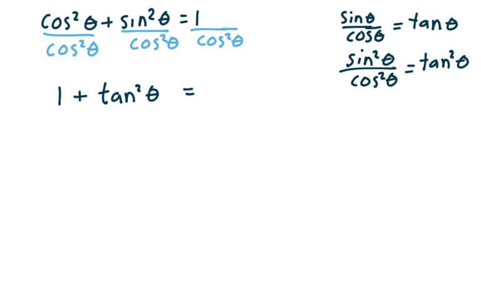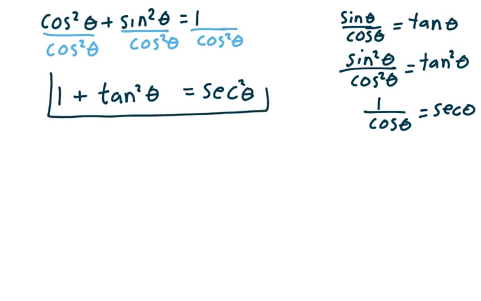On the right side, now remember, 1 over cosine theta is secant theta. Now, if you can imagine, I'm going to square both sides. So when I square both sides, what will happen is 1 over cosine squared theta becomes secant squared theta. And that's the other Pythagorean identity. Here, let's write this a little better.